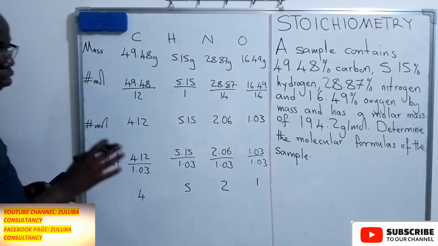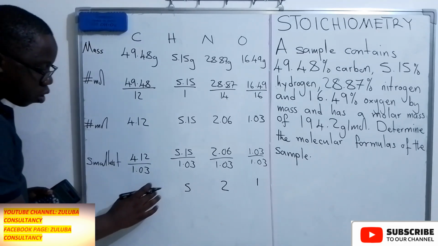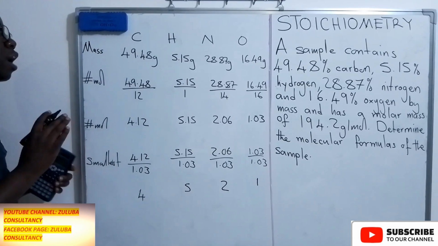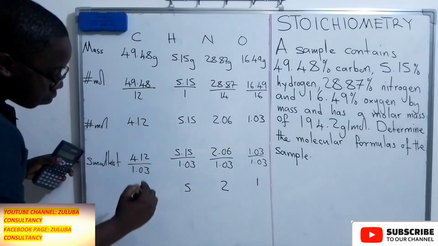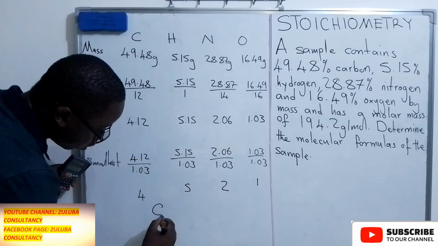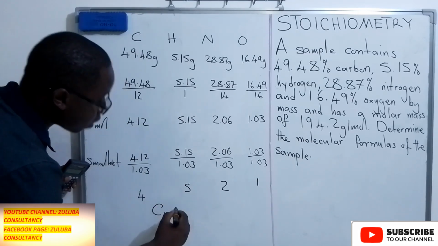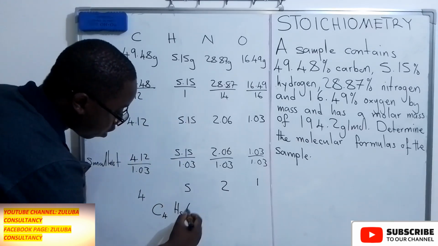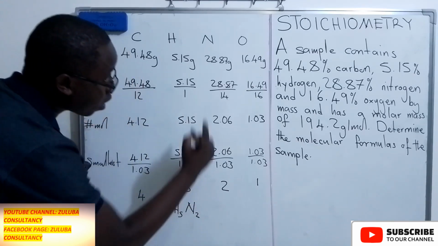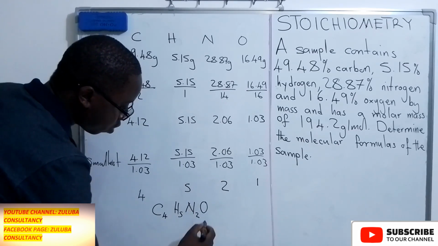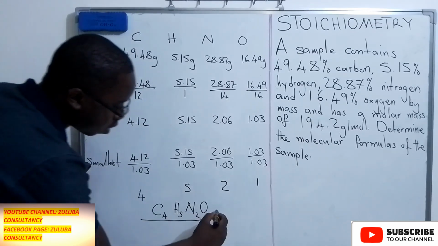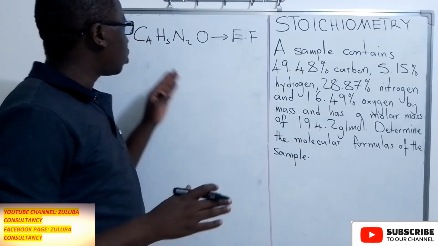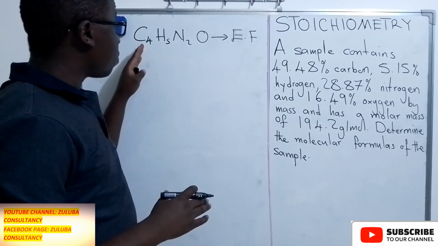So these are the mole ratios that each of the elements has. This simply means we have C4, H5, N2, and O. So this is the empirical formula. We have managed to find the empirical formula here.